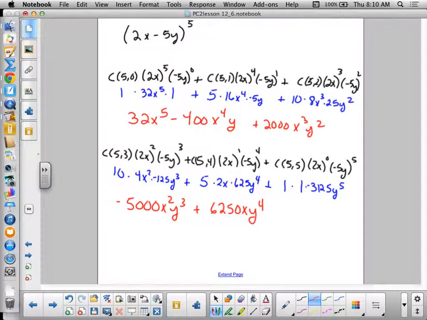And finally 3125. And what is in red there put together is the full expansion of that binomial. Okay? So that'd be our final answer. That would be your final answer.